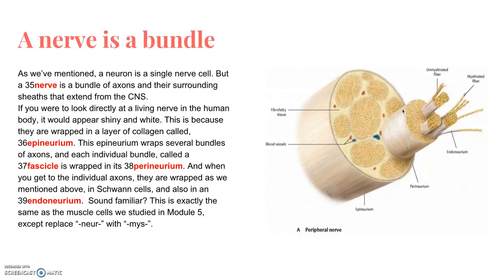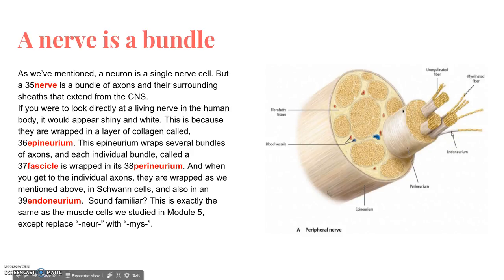The epineurium wraps several bundles, and each individual bundle, this is a bundle here, this is another bundle here, these are called fascicles. The outer covering of a fascicle is wrapped in its perineurium. And when you get to the individual cells here, they are also wrapped in the endoneurium as well as their Schwann cells.